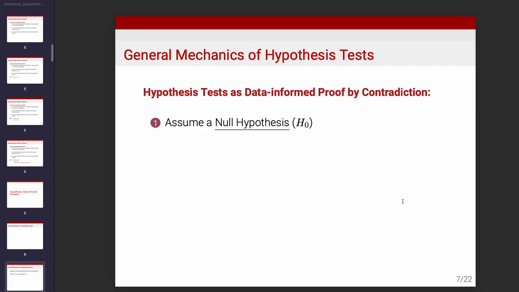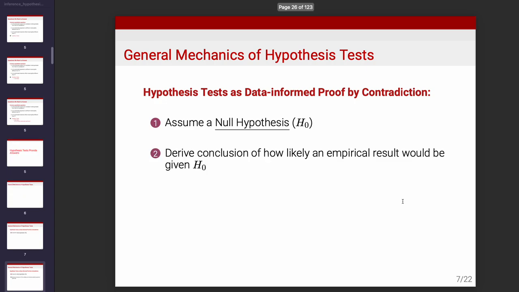So this is the idea of hypothesis testing. We're first going to assume, and you might have seen this before, and it's good to review, a null hypothesis. Think of the null hypothesis as our baseline assumption. Based on this null hypothesis, we're going to derive a conclusion of how likely an empirical result would be given that null hypothesis.